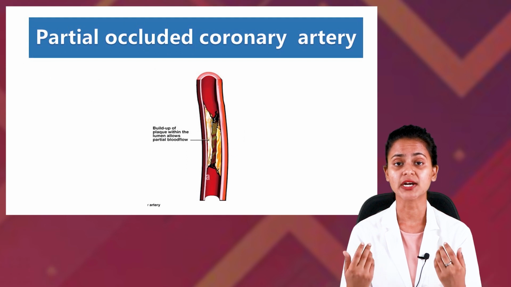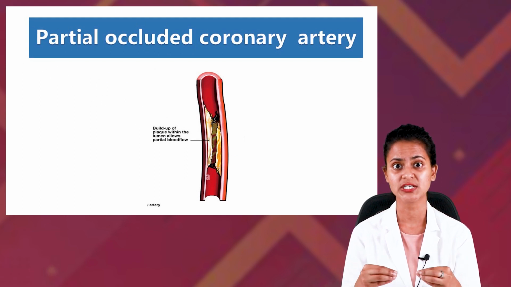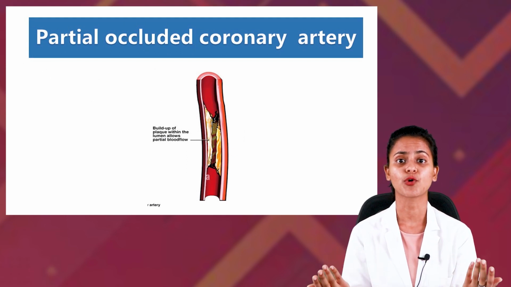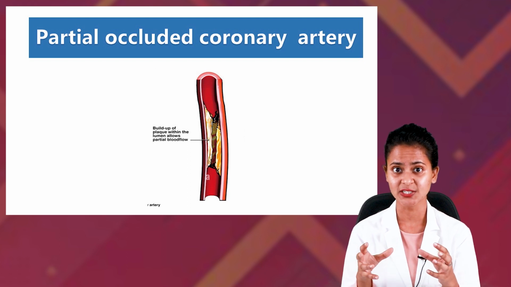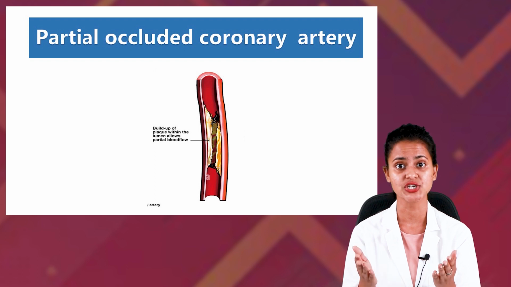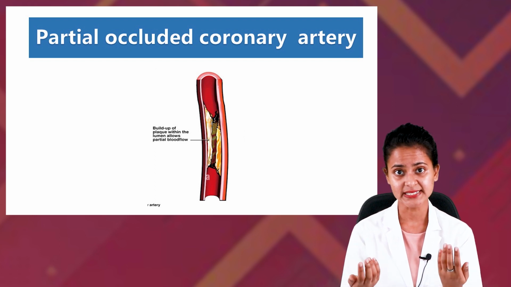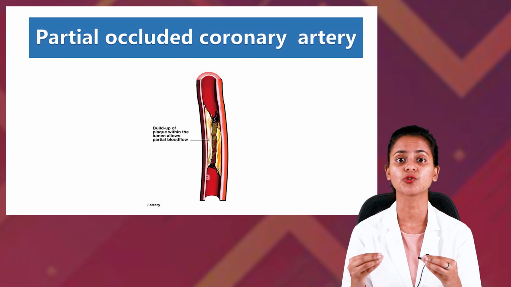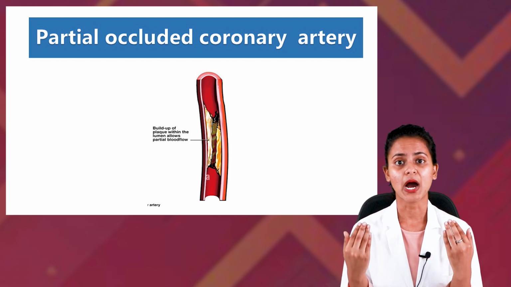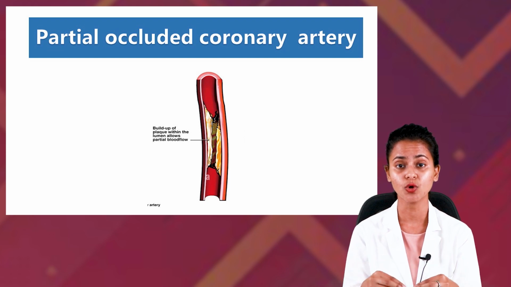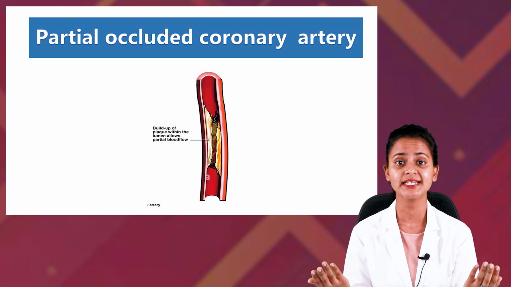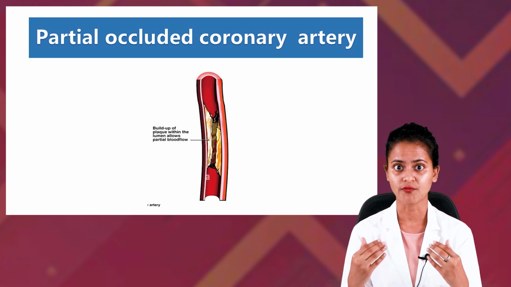Now, a partially occluded thrombus is a kind of thrombus present over the lumen of the arteries that occludes the arteries only partially. It means that there will be some blood circulation, though it will not be adequate enough to meet the need of the myocardial layer of the heart.